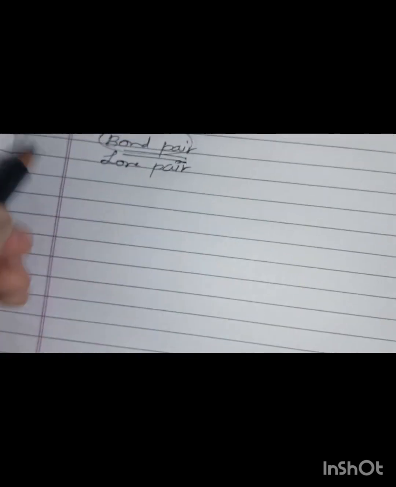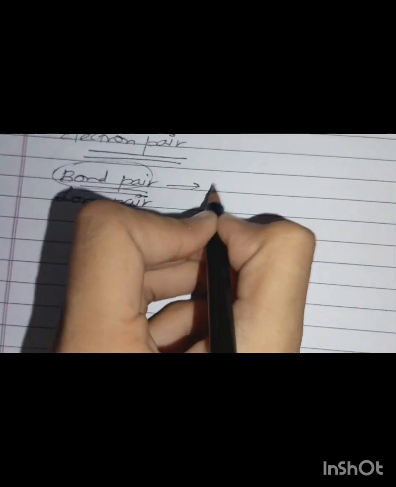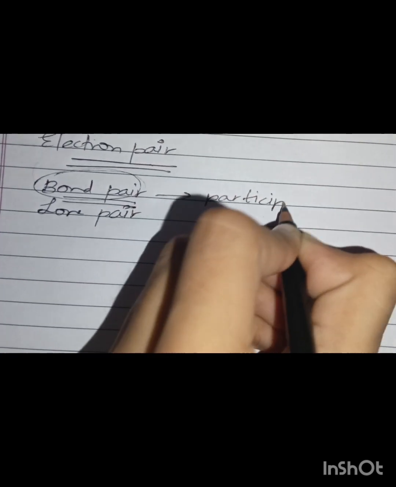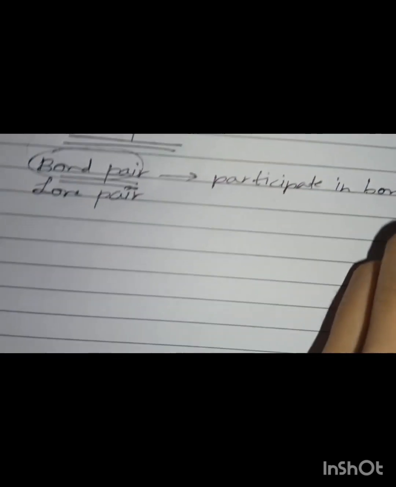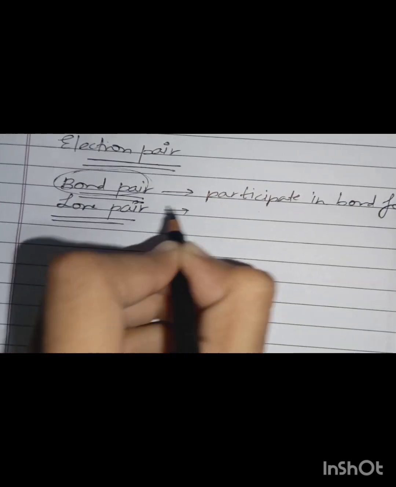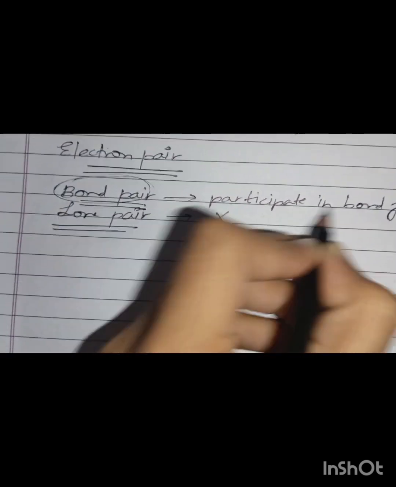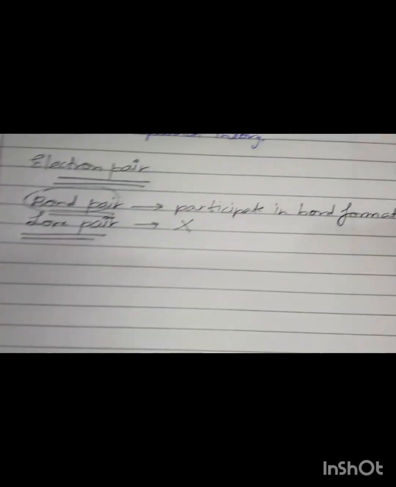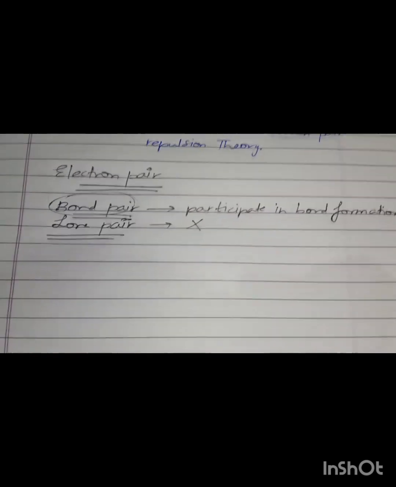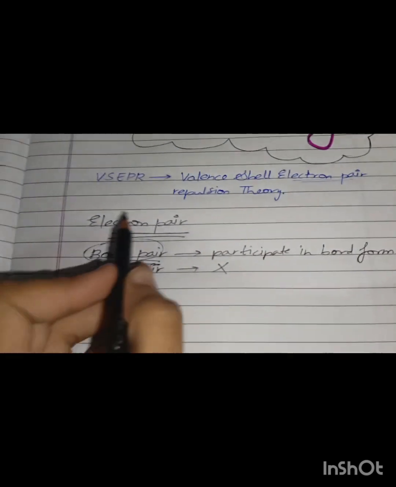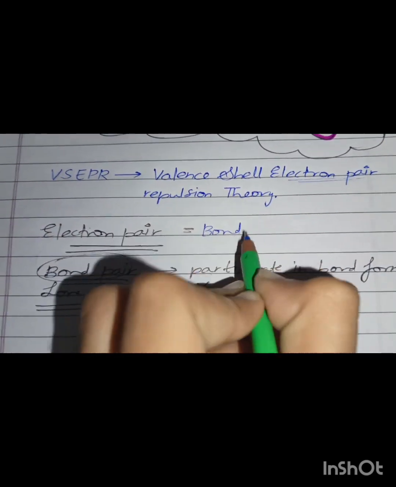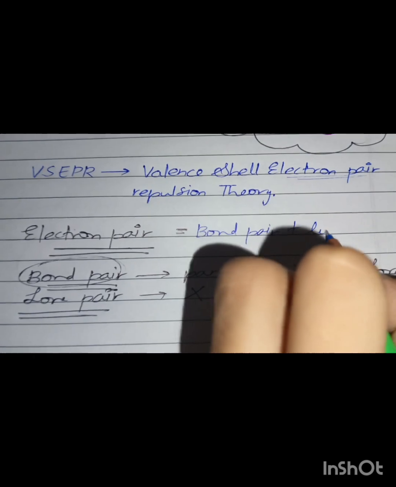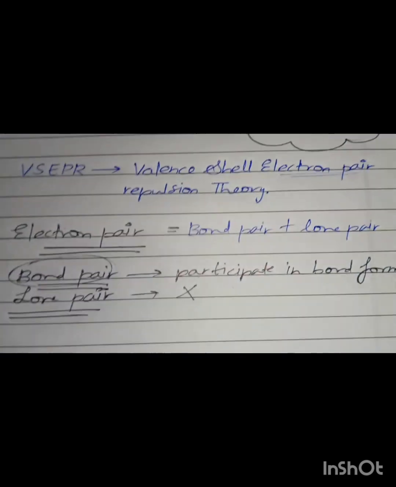Bond pairs are those electrons which participate in bond formation, and lone pairs are those electrons which do not participate in bond formation. Those valence electrons which do not participate in bond formation are lone pairs, and electron pair is the sum of bond pair and lone pair, right?